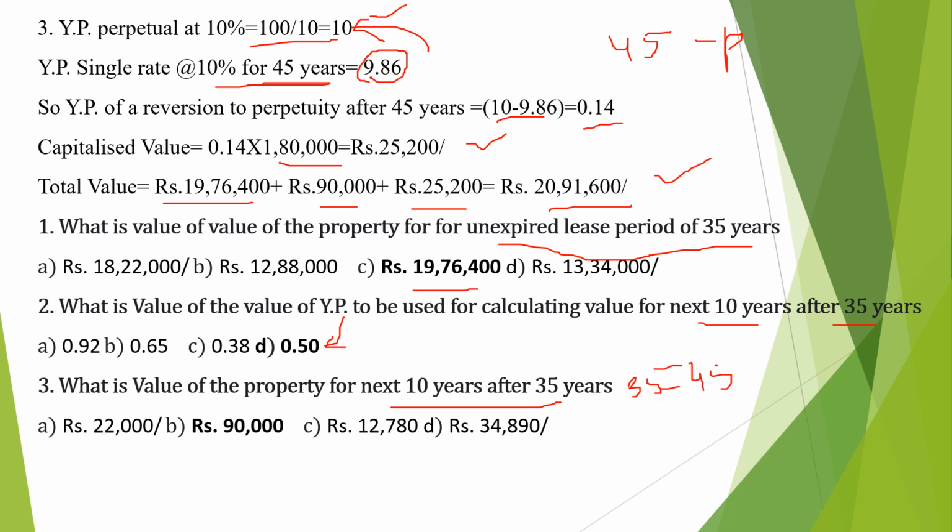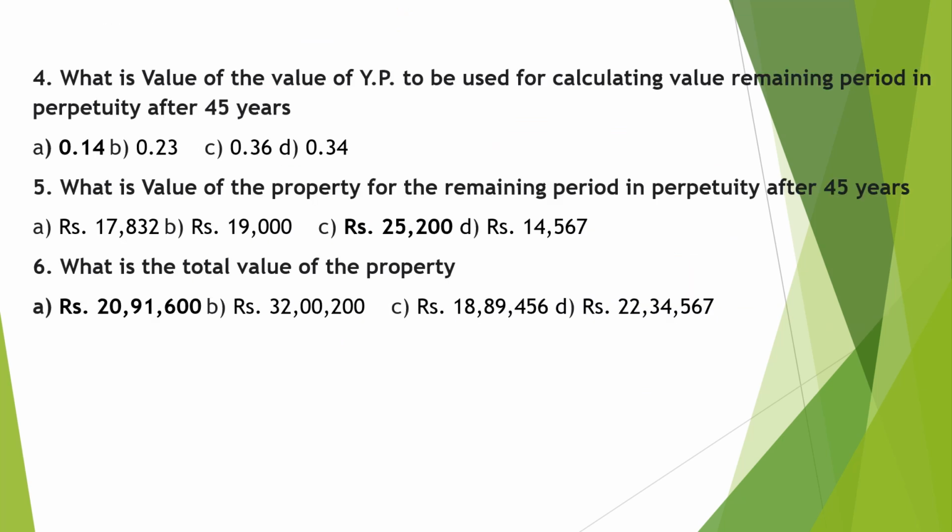Then in the next question, we ask what is the value of YP to be used for calculating the value for the remaining period in perpetuity after 45 years; we have calculated it to be 0.14, and the value of the property for the remaining period in perpetuity after 45 years is 25,200.